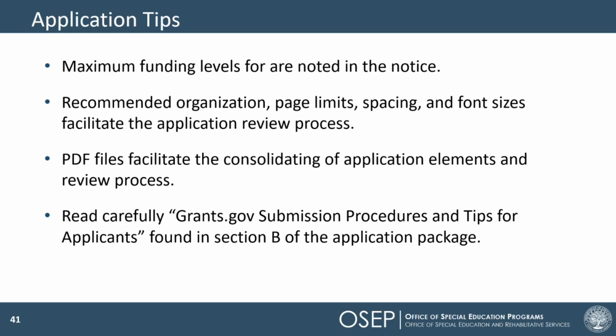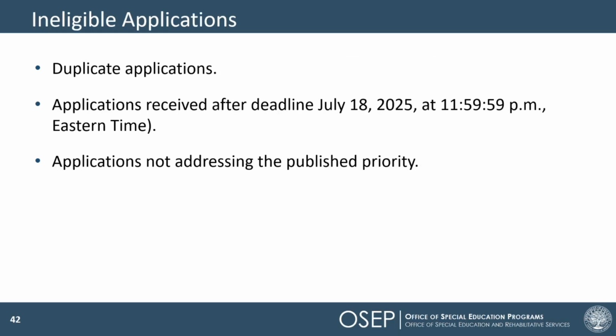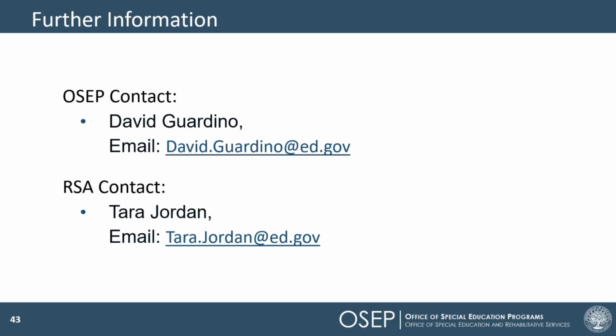Read carefully grants.gov submission procedures and tips for applicants found in Section B of the application package. Slide 42, Ineligible Applications. Duplicate applications, applications received after the deadline of July 18, 2025 at 11:59 p.m. Eastern Time, applications not addressing the published priority.